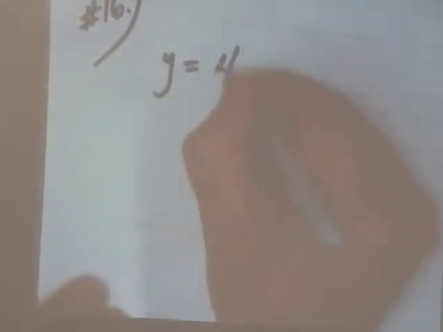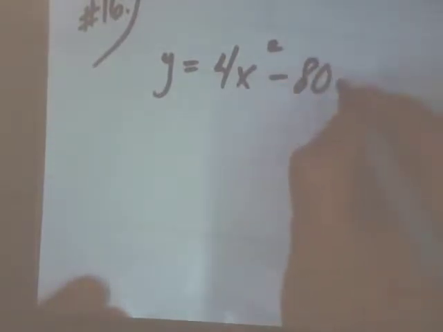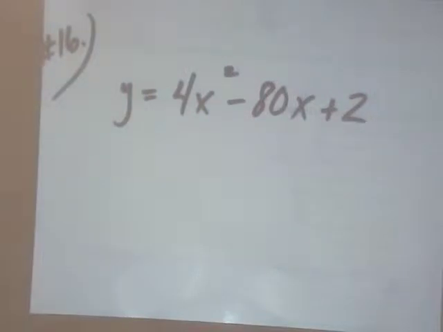All right, number 16. y equals 4x squared minus 80x plus 2. They want us to find the axis of symmetry.